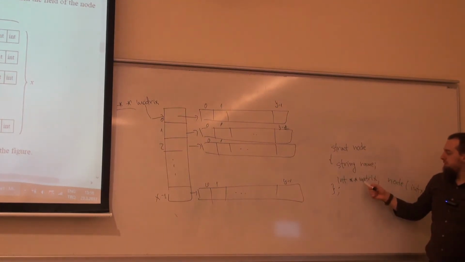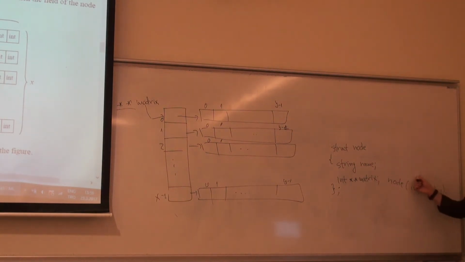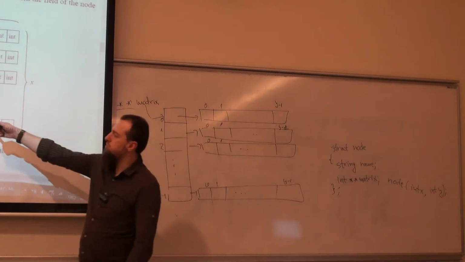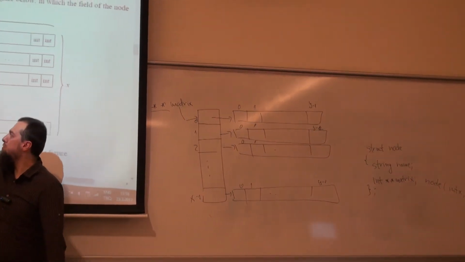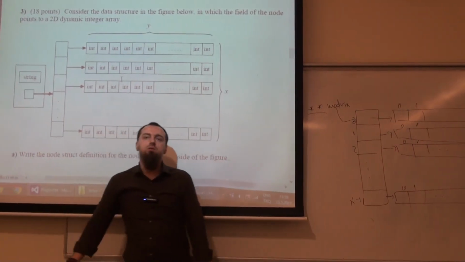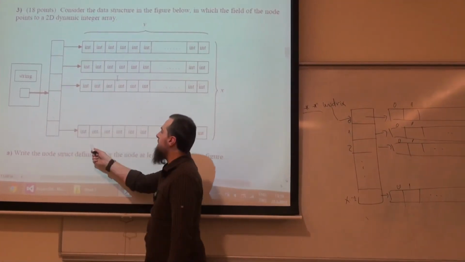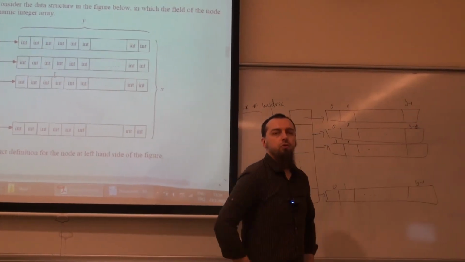We have only the name and the pointer to the pointer called matrix, and we are going to write this function node. So we will have this structure here. The matrix is going to point to the first element of this array, and we are going to dynamically allocate the other parts. How are we going to do that?